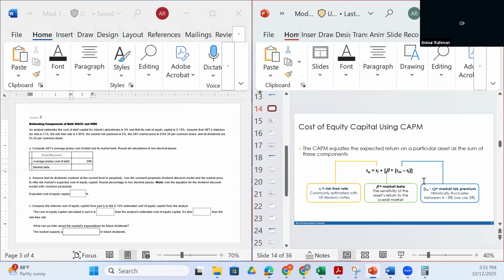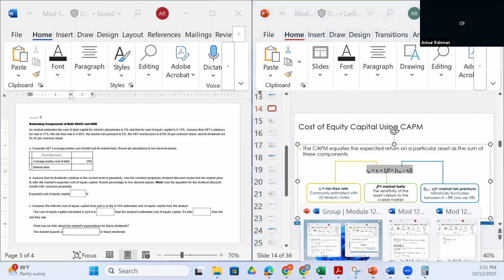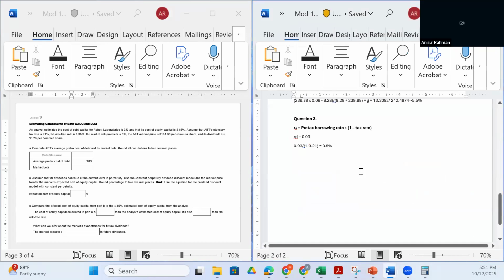Your cost of equity is equal to risk-free rate plus beta times market return minus risk-free rate. So this RM minus RF is the market risk premium, and beta is the market beta. We have to find out beta, so we have to do some algebraic manipulation, not anything crazy, a little bit.